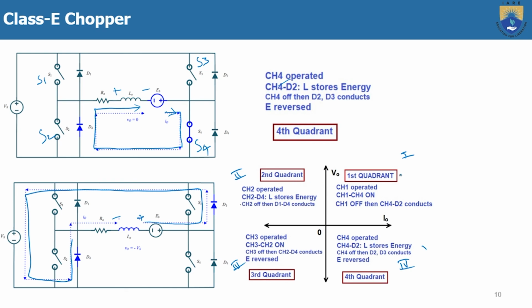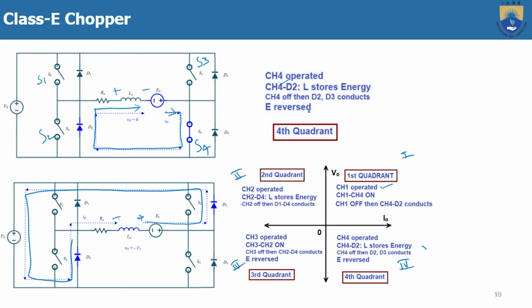Then if you want to operate the chopper in the first quadrant, then you need to operate S1, which means operate means on and off. And in the second quadrant, S2 on and off. In the third quadrant, S3 on and off. In the fourth quadrant, S4 on and off. So by operating the different switches, we are getting the different quadrant operation. This is according to our requirement.